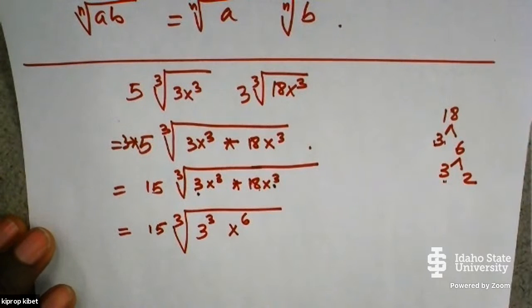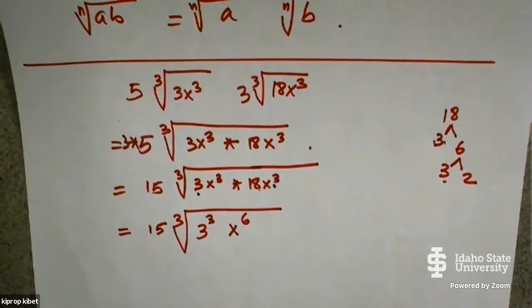Could you not do like on the last problem, where you had 5 raised to the third power and 3 raised to the third power, and the third power canceled out?